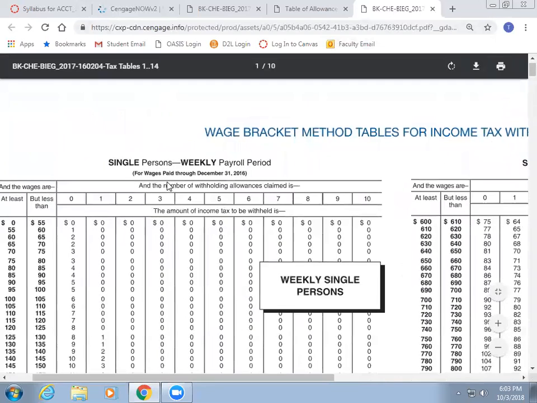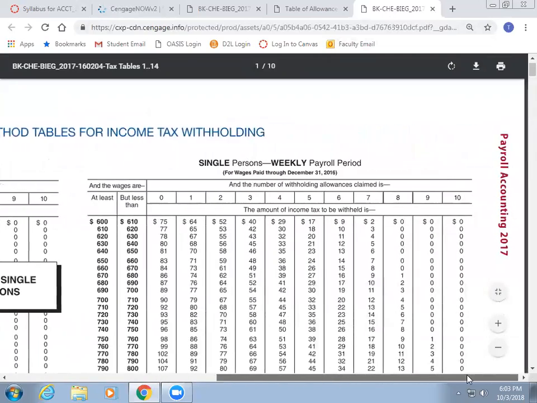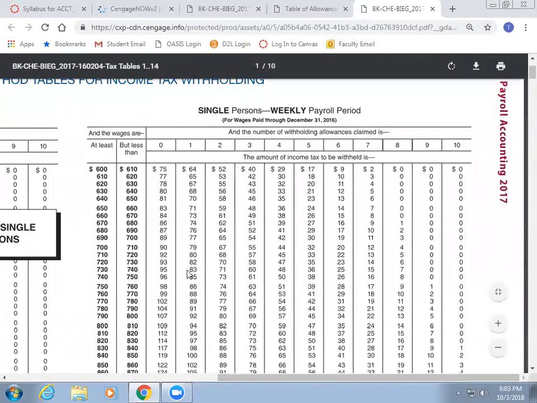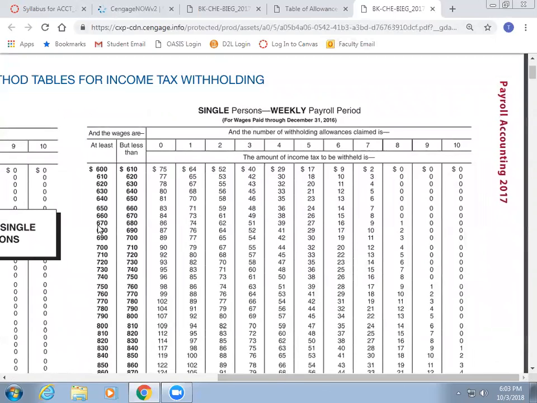The single person weekly, and we were looking at $675. So they are in the table on the right hand side. Our person makes $675, so we're between the $670 and $680. This person has 2 allowances, so I get $62 withholding.